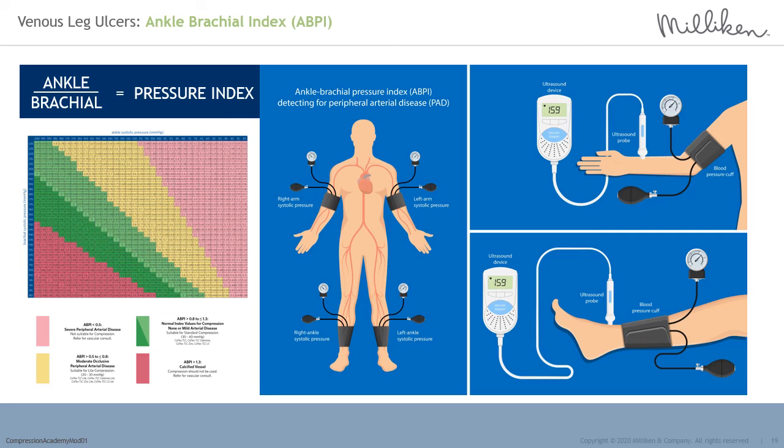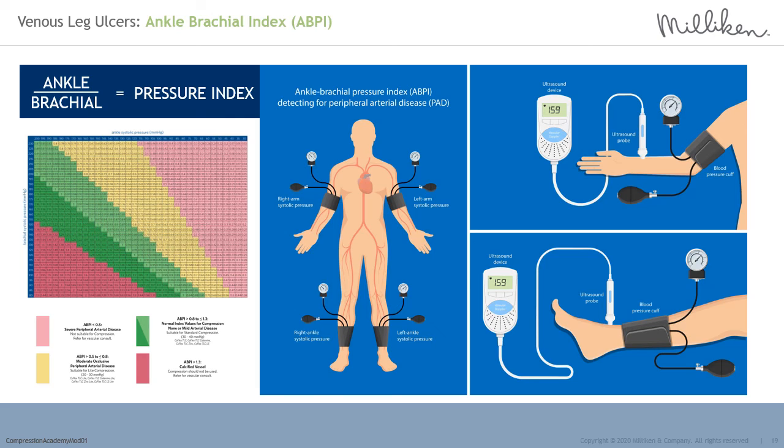Both arms are used to take the brachial pressure, and dorsalis pedis and posterior tibial pulses on each foot. The highest ankle pressure reading is divided by the highest brachial pressure reading to give a pressure index calculation.